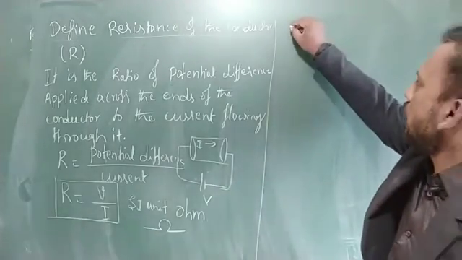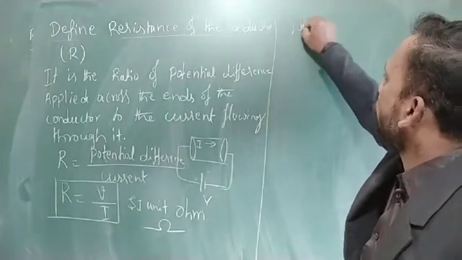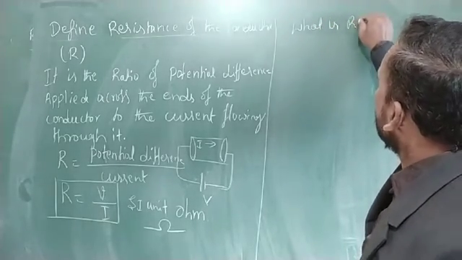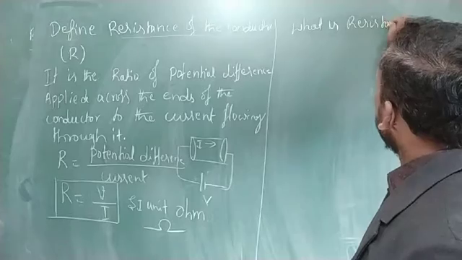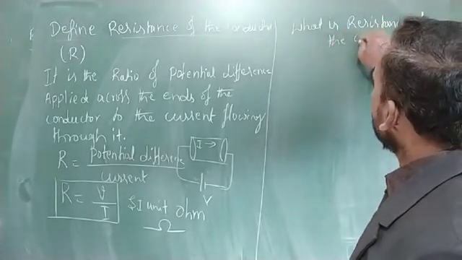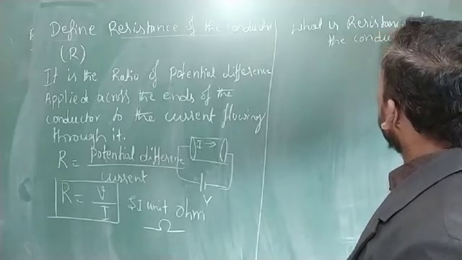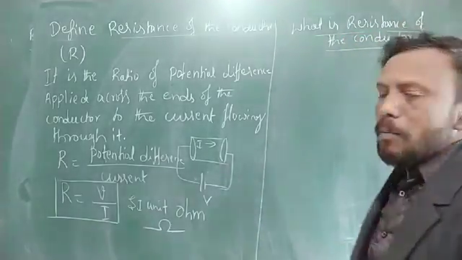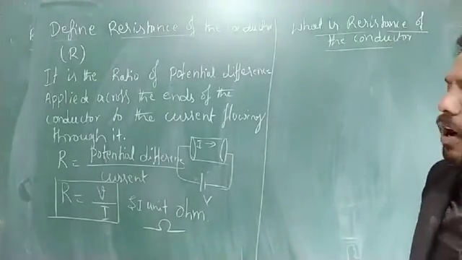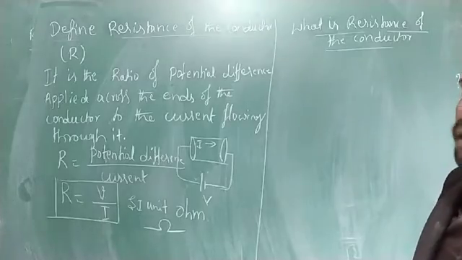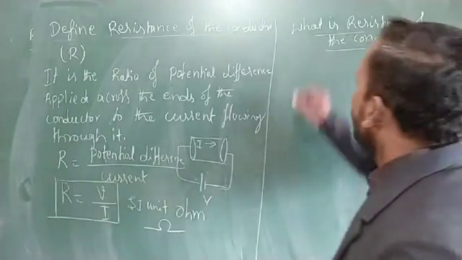If they ask what is the resistance of the conductor, it is the amount of opposition offered by the conductor for the flow of current.